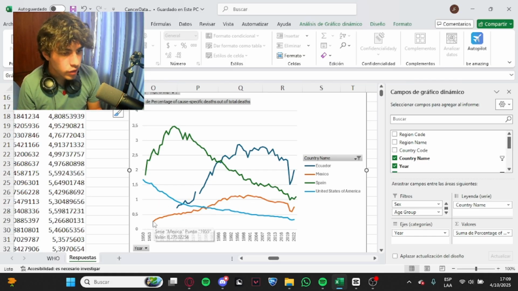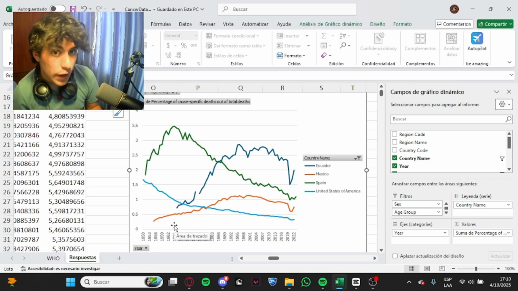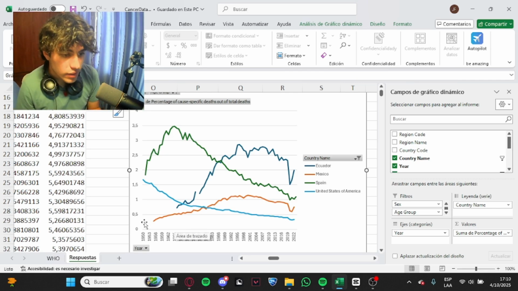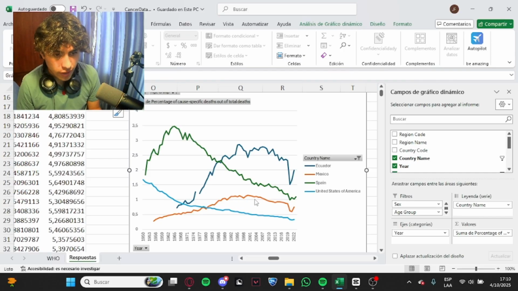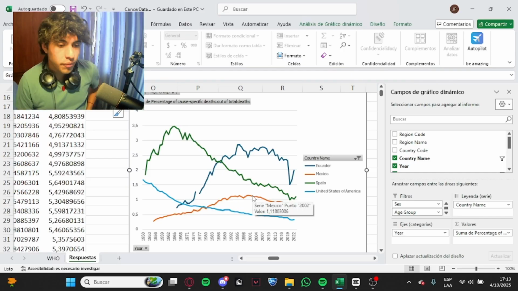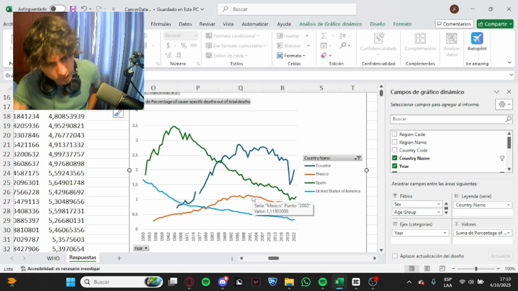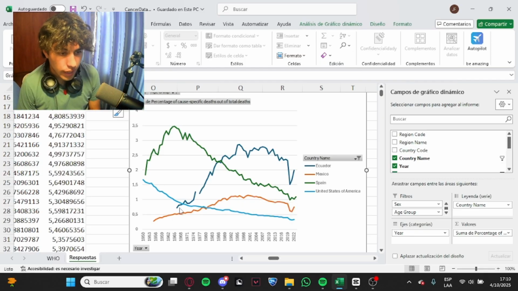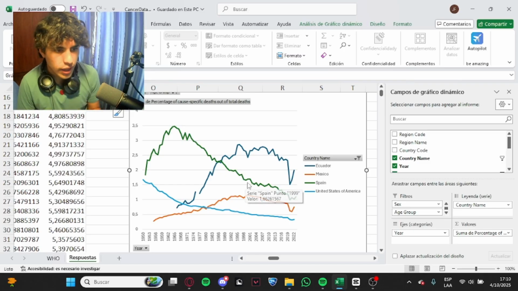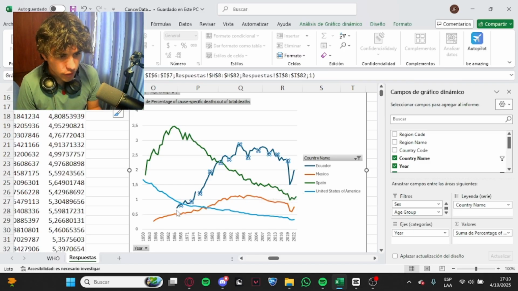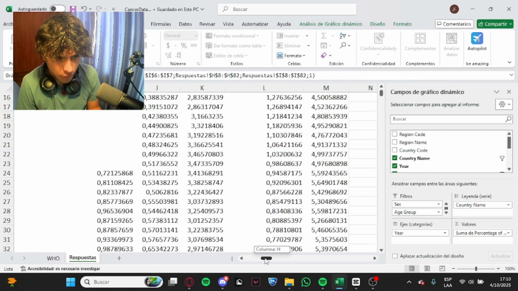Mexico also started pretty low, at less than 0.5%, but we can see that it started to increase and increase over the years. And around here we see that Mexico started to go down a little bit. Then here we have Ecuador, which is interesting since there is no data before 1965, I believe.